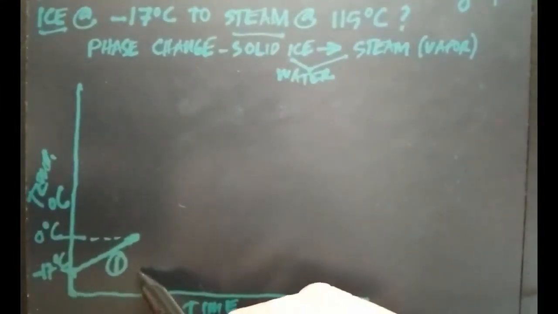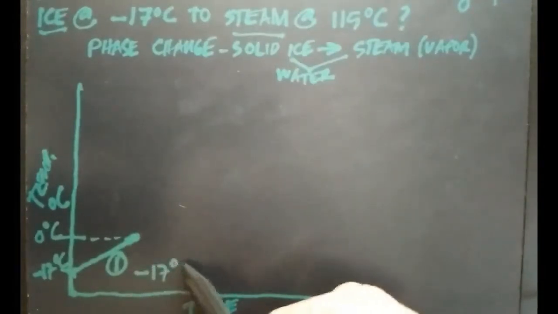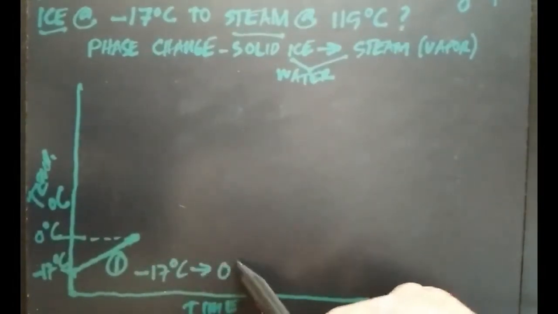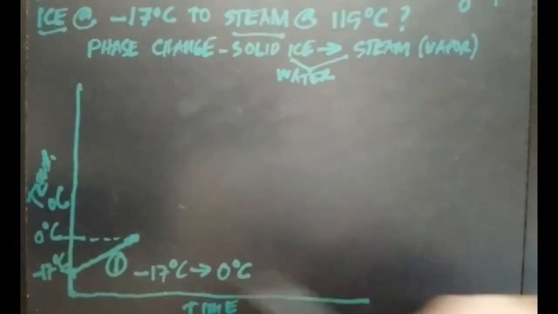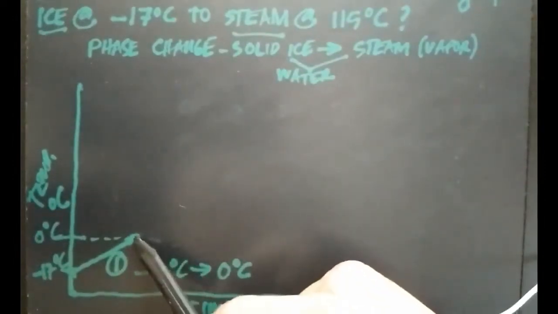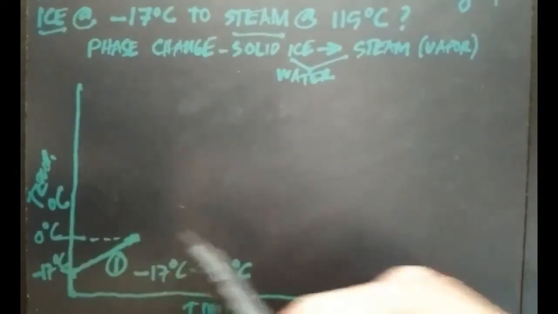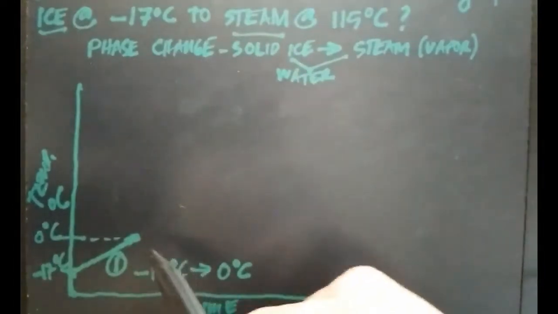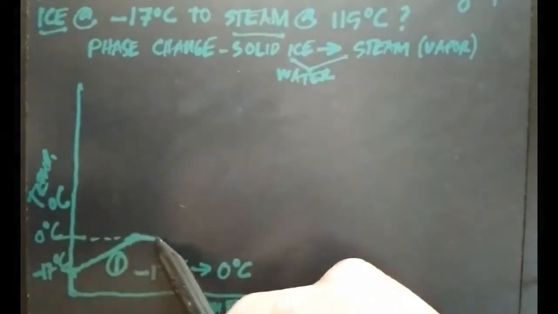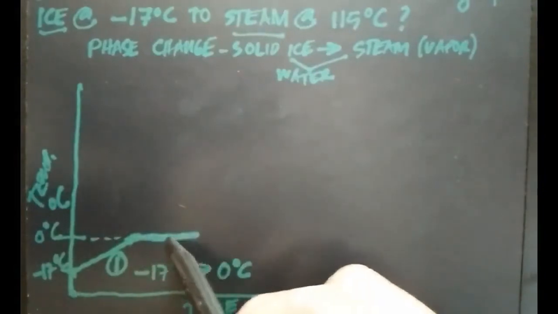For this, we're going to use the formula Q equals mass times specific heat of ice times the change in temperature. At this time, the solid ice is still not liquefied.